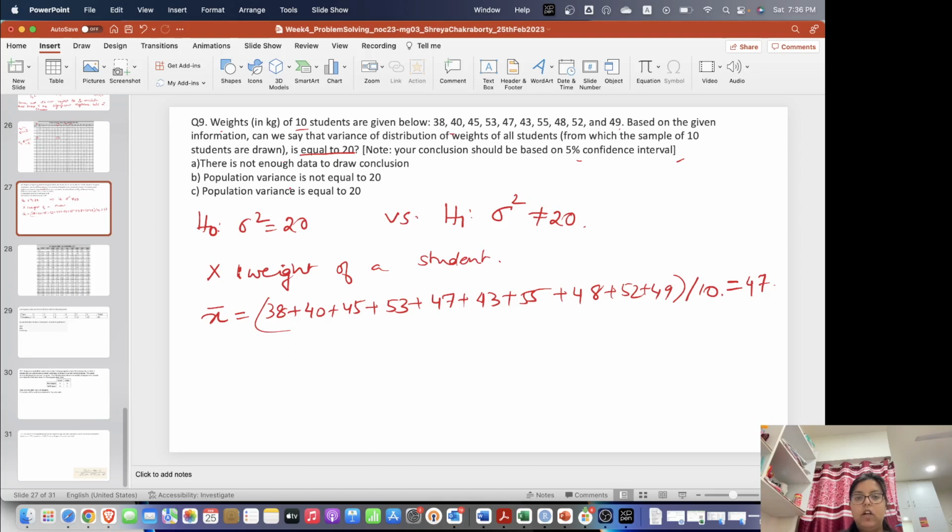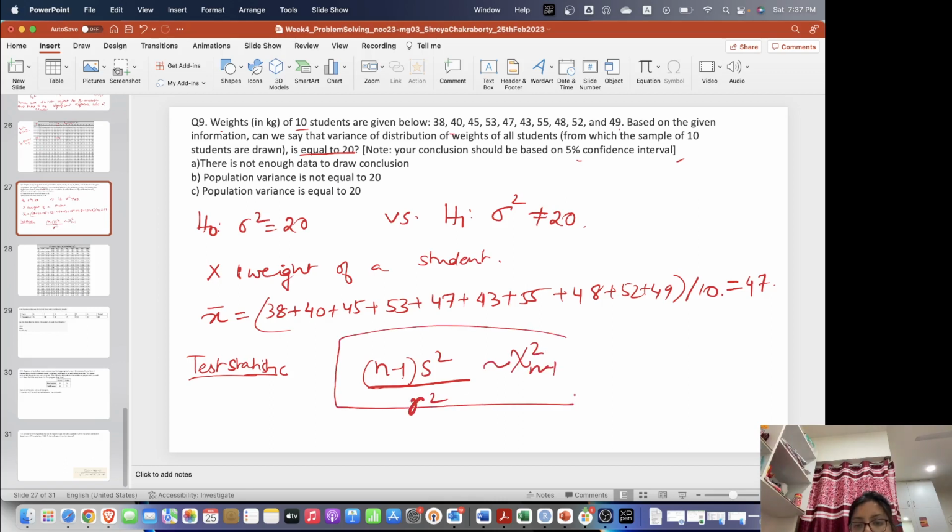Now, can we say that variance of distribution of weights is equal to 20? In order to test for variance, the test statistic is given by n minus 1 into s square by sigma naught square, which follows a chi-square n minus 1 under h naught, where s square is the sample variance.